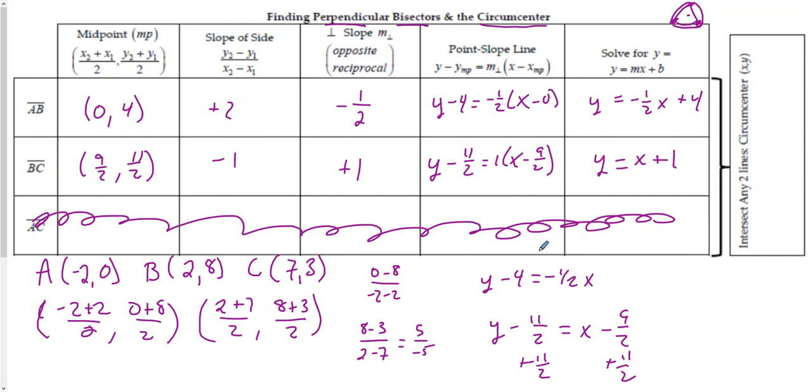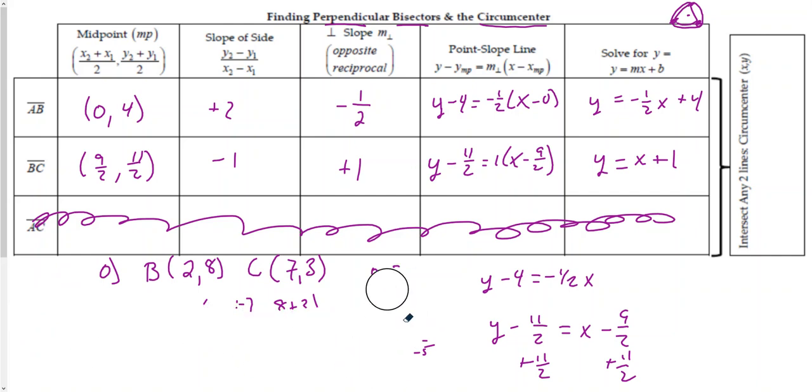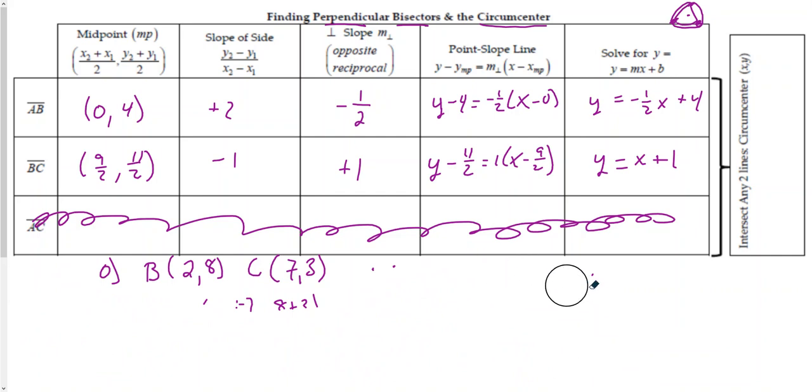Okay, so now that we have both of our equations, it's just a matter now of giving ourselves some space here, and we're going to solve a system. Once you get your two equations, you're just going to solve a system. And since they're both in y equals form, we're just going to set them equal to each other. So -1/2 x plus 4 equals x plus 1.